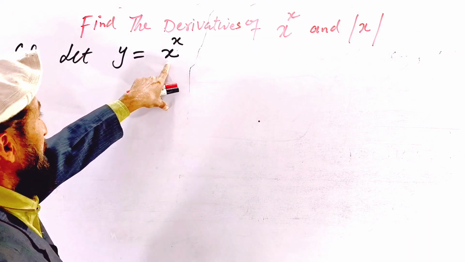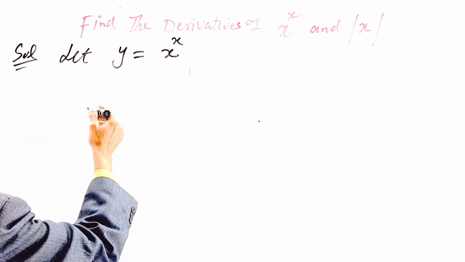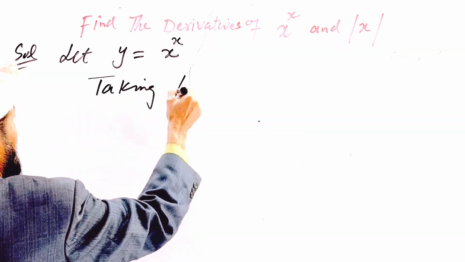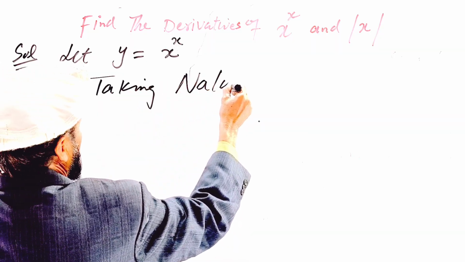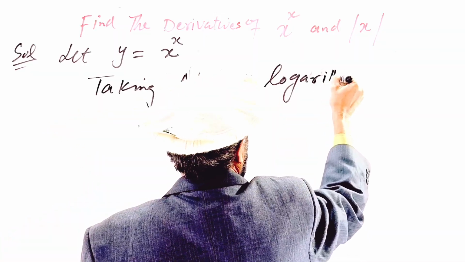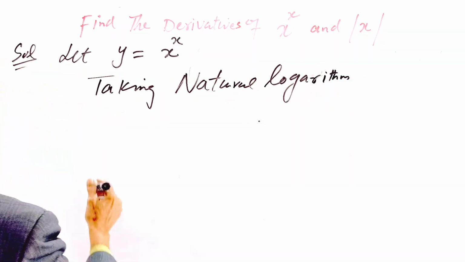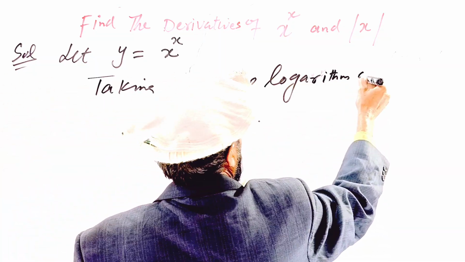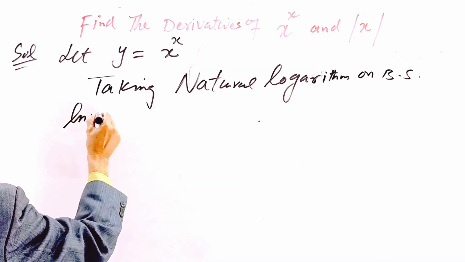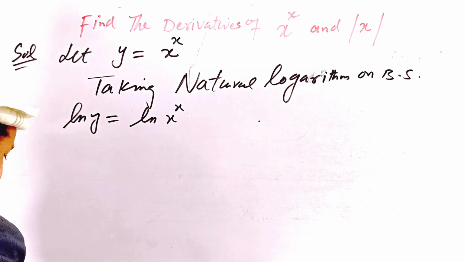Here the base is a variable and the power is also a variable, so we are taking the natural logarithm on both sides of this equation. So log of y is equal to log of x to the power x.